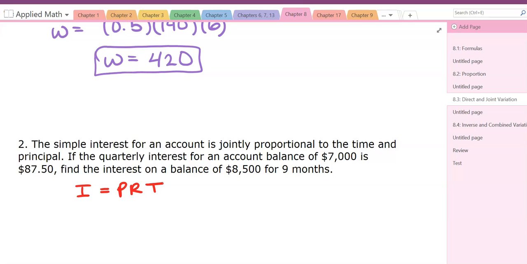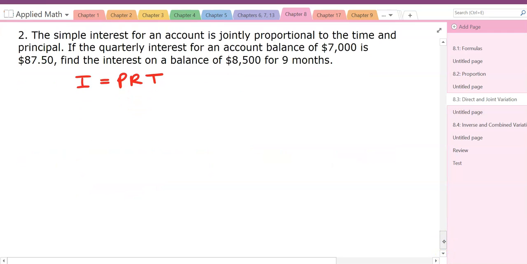If the quarterly interest for an account balance of $7,000 is $87.50, find the interest on a balance of $8,500 for 9 months. So we're going to have to do a couple of things for this problem. First of all, we have to figure out what the interest rate is. How much are they earning back for this money sitting in this account?